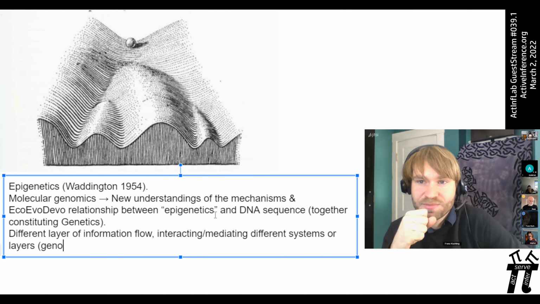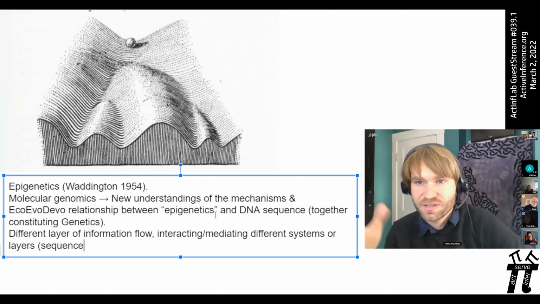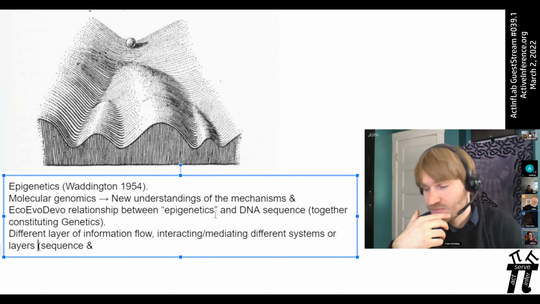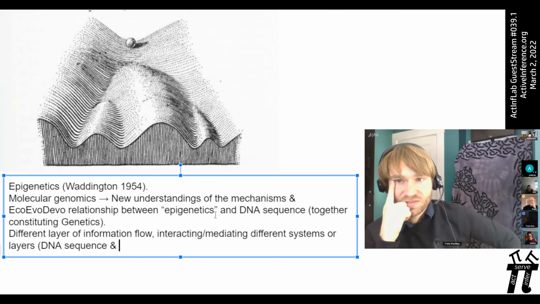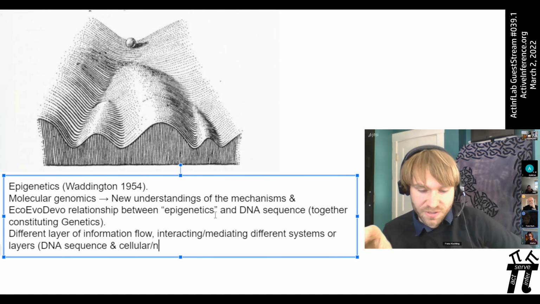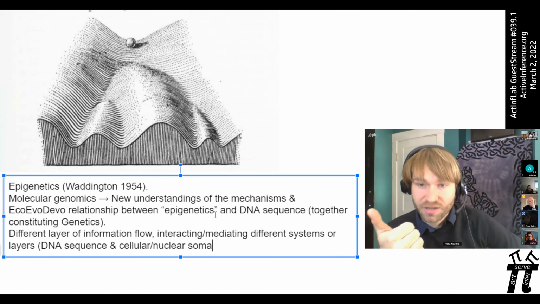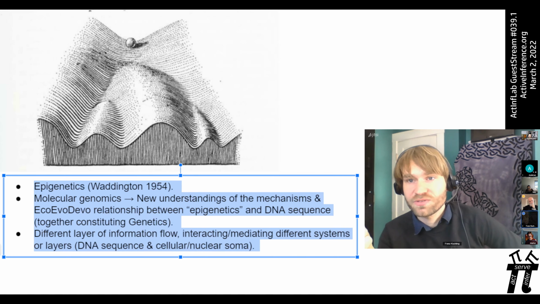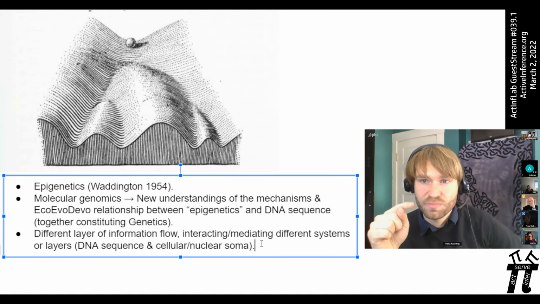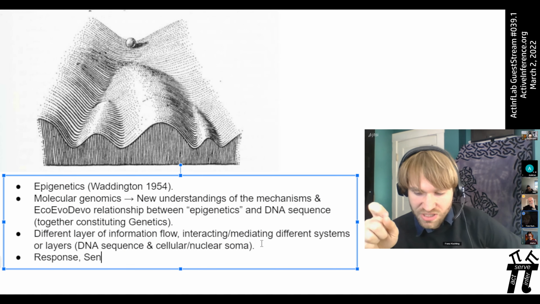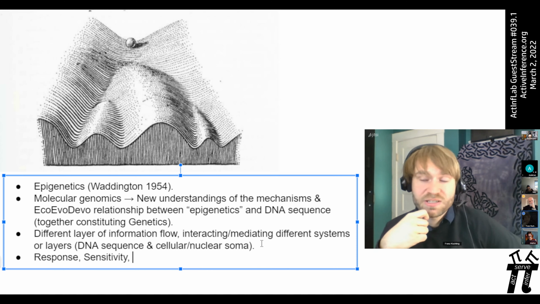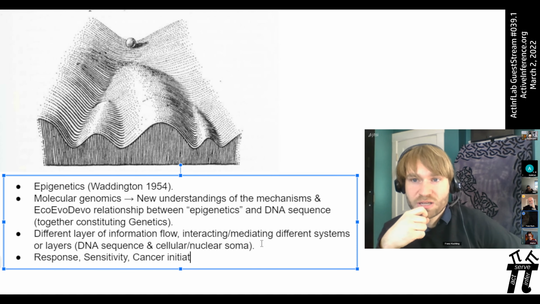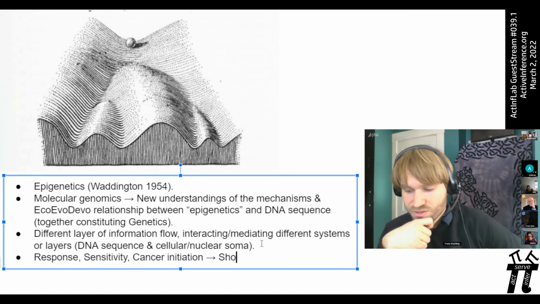I hate to make claims that I'm not then answering with some relevant biological mechanism, but I could easily think of these modifications of the response function, the sensitivity in the double tail experiments, and the reduced sensitivity in the cancer initiation, as short-term epigenetic modifications, and we do see that a lot.